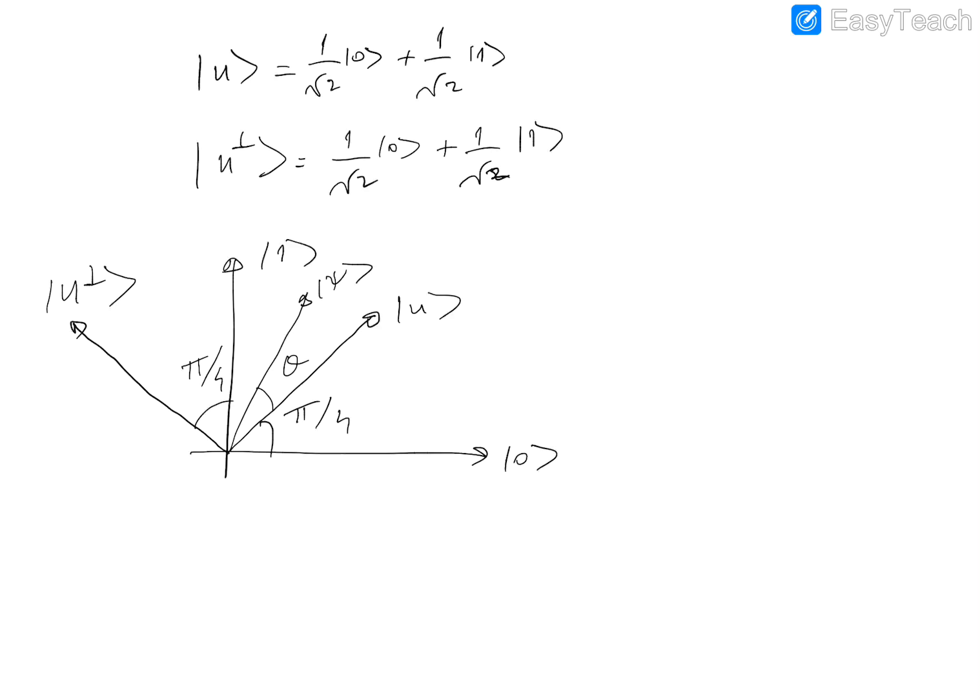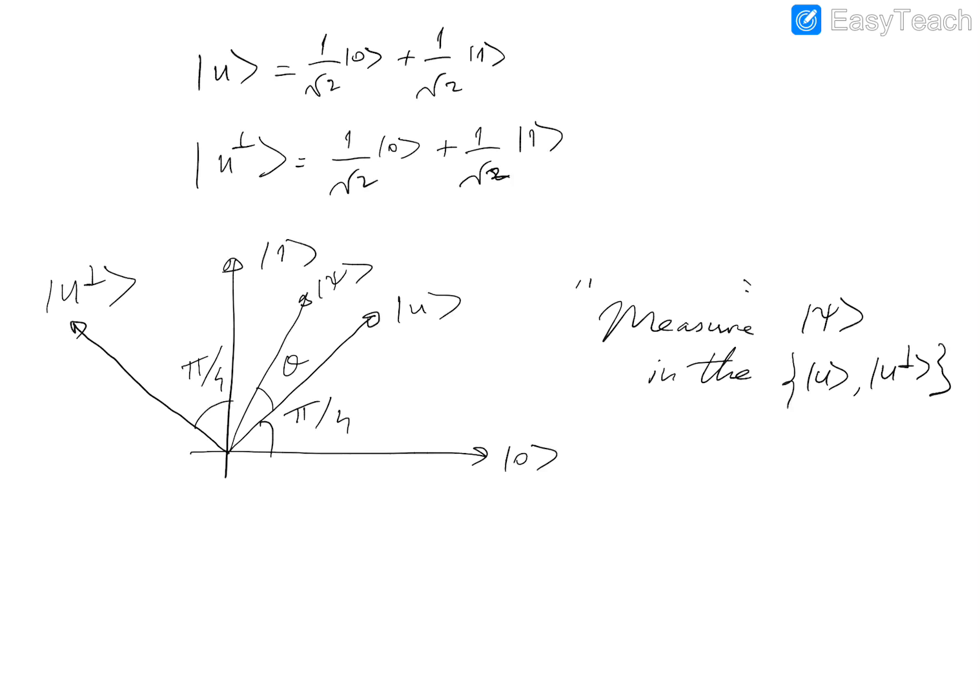Now, if we measure psi in the u, u perp basis, and I'm using the term measure in the intuitive sense here. We're going to formalize later. So let's measure psi in the u, u perp basis.